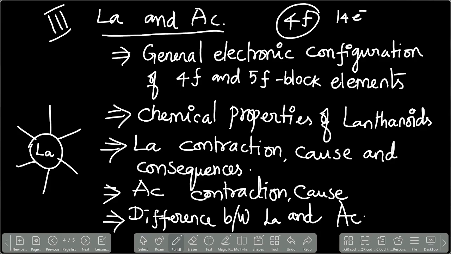Here, imperfect shielding of 4f orbital, there, imperfect shielding of 5f orbitals. This one is less basic, actinides are more basic. And here lanthanides except promethium are all non-radioactive, actinides are radioactive. Actinides form oxocations, lanthanides do not. So these many points you can write for the difference between lanthanides and actinides.